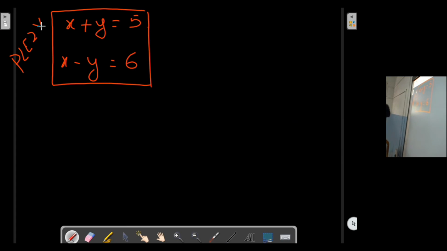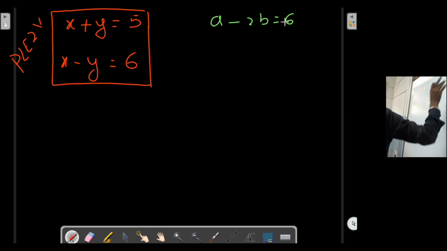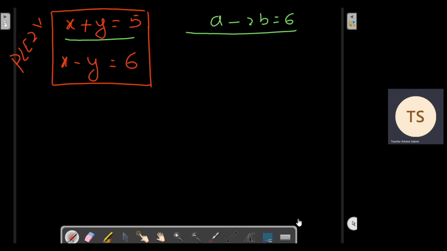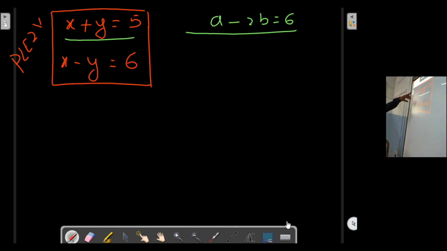And then my question is, whether a minus 2b is equal to 6, compared with this equation, is a pair of linear equations in two variables? No, obviously. So these two equations are a pair of linear equations in two variables, and these two are not a pair.